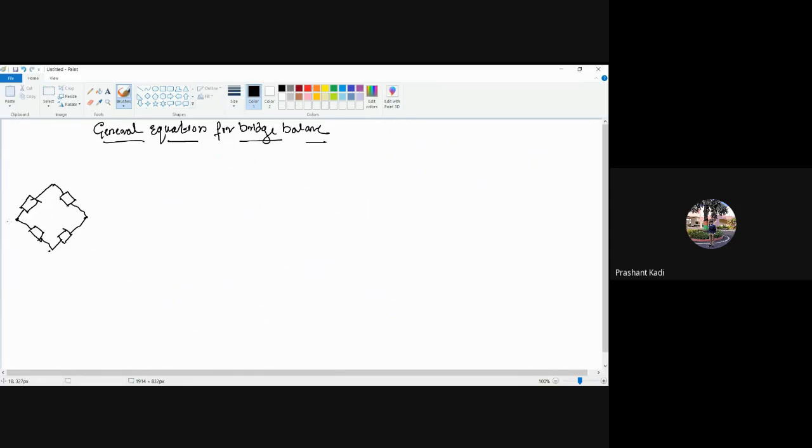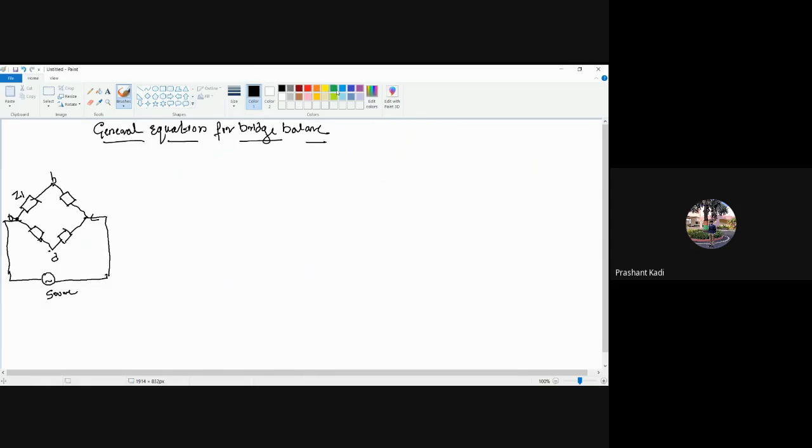The terminals remain the same: A, B, C, D. Between A and C, we have the AC power supply. It's a source, and as I told, it should be low voltage and high frequency. The first arm has an impedance, which I will represent by Z1.